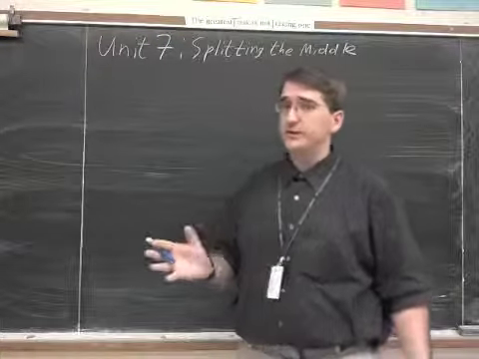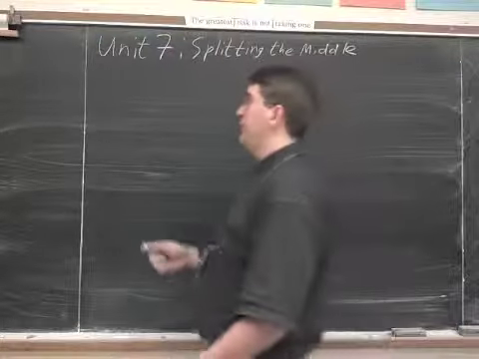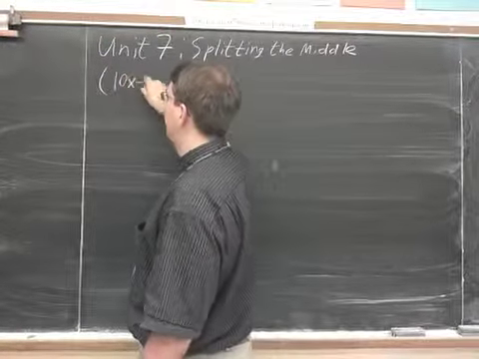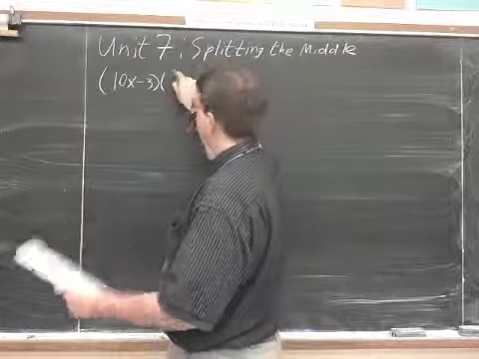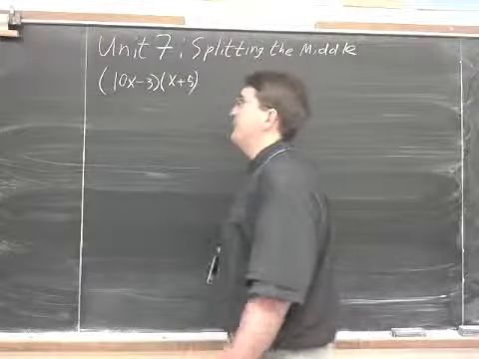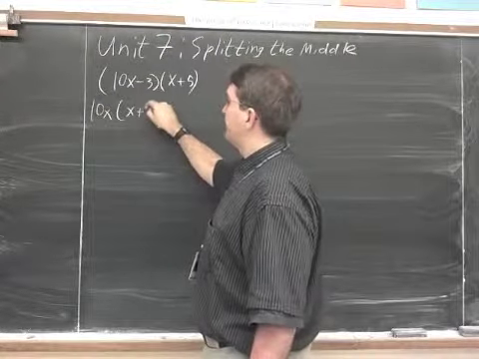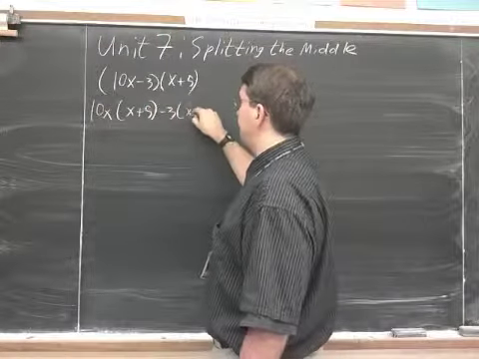But first, I just want to review again what it looks like when you multiply two binomials together. If we have something like 10x minus 3 times x plus 5, for example, we would do the double distribution. 10x times x plus 5 minus 3 times x plus 5.